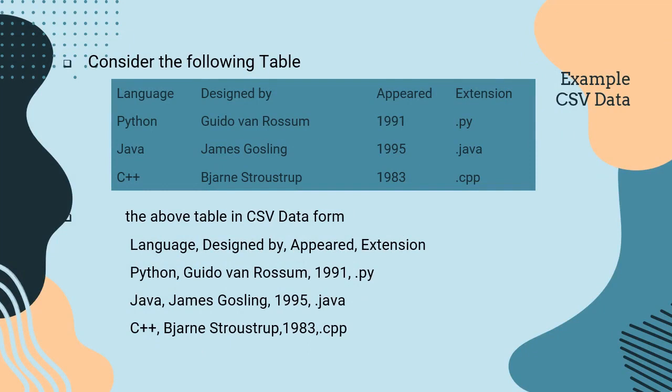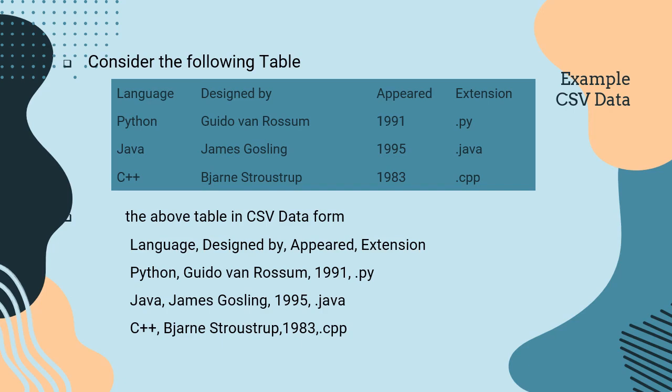Consider this table. It has 4 rows, 1 header row and 3 value rows, and 4 columns: language, designed by, appeared, and extension. When this table is converted into plain text form, or if we open the CSV file in Notepad or any other text editor, it will appear as below.